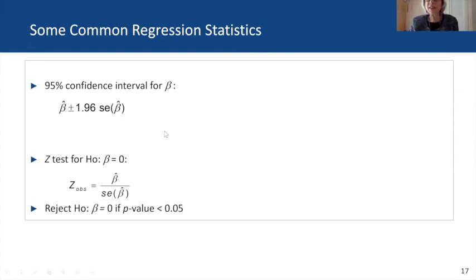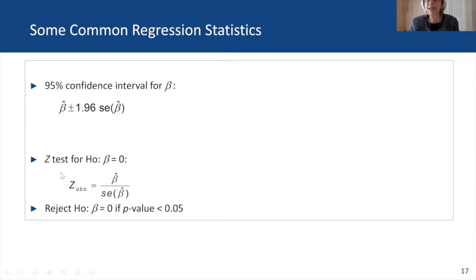And we'll see that the statistical inferences that we can make with simple logistic regression are what we also saw in linear regression. We can set up 95% confidence intervals for the true underlying regression coefficient beta by taking the estimated beta plus or minus 1.96 times the standard error of that estimate.